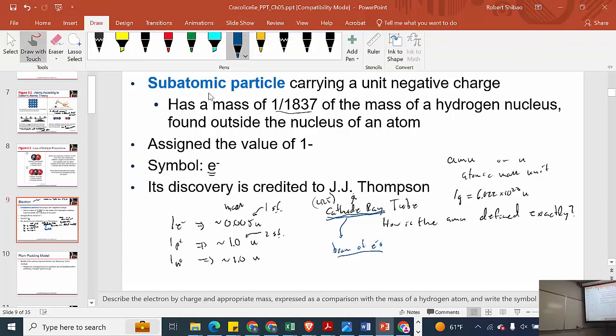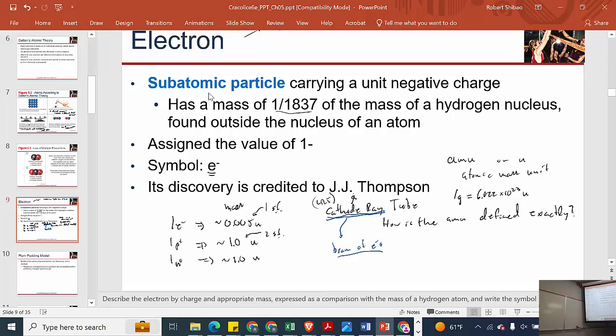We have something called the AMU, or abbreviated just U. What the AMU or U is, it's the atomic mass unit.